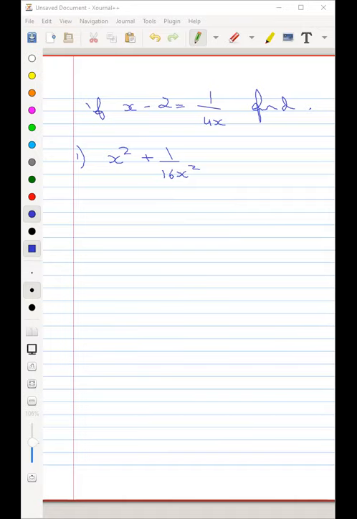Okay, think about it. Look at the question first, what is being asked. There's a very easy value to find out what needs to be known to find this out.